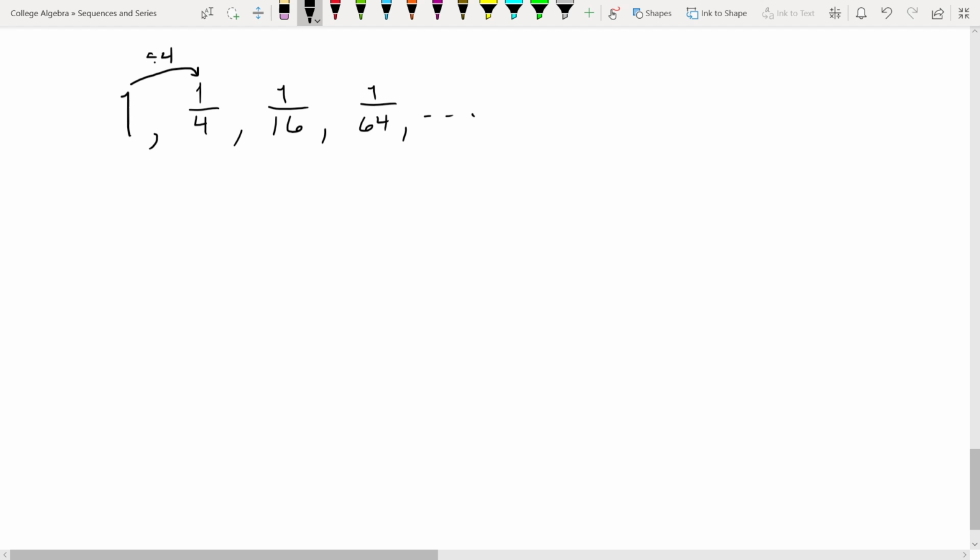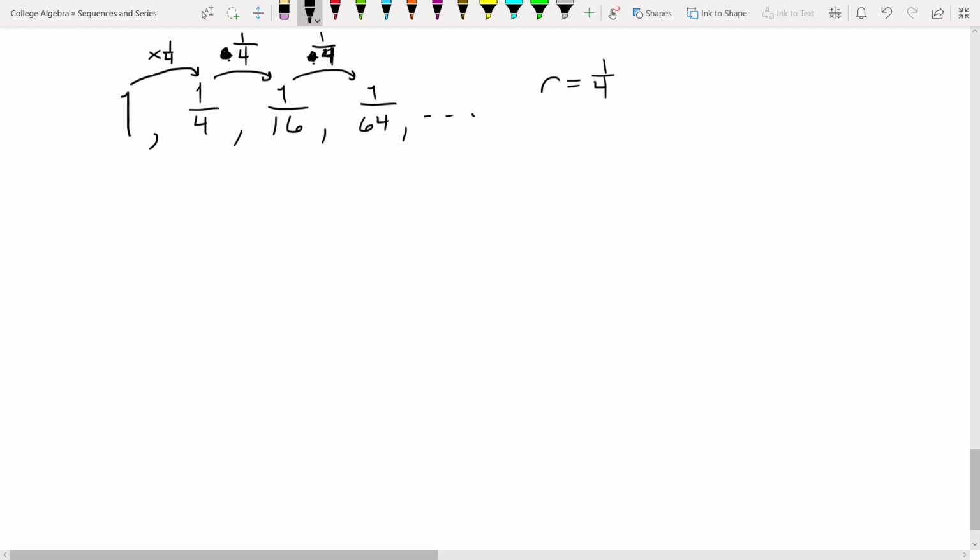Now, a geometric sequence does not do division, it does multiplication. The question is, how do we write this as a multiplication? Well, division by 4 is the same thing as a multiplication by 1/4. So here we're going to multiply by 1/4, multiply by 1/4. And so what we have here is r equals 1/4.